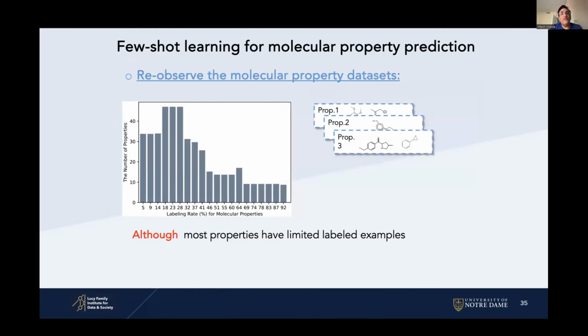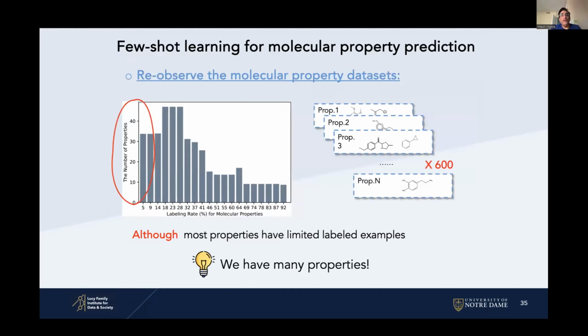If you look at it this way, it is a few-shot learning problem wherein few properties have few labels attached to them, right? So what do we do from that perspective? And how do we now enhance the mechanism of those properties, so to speak?